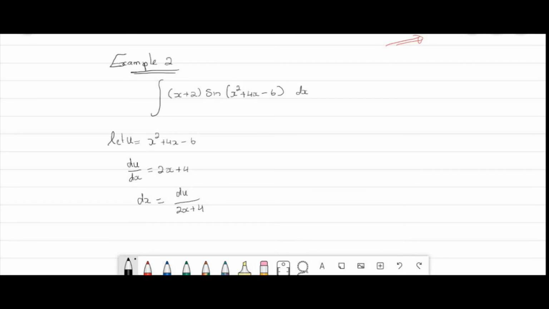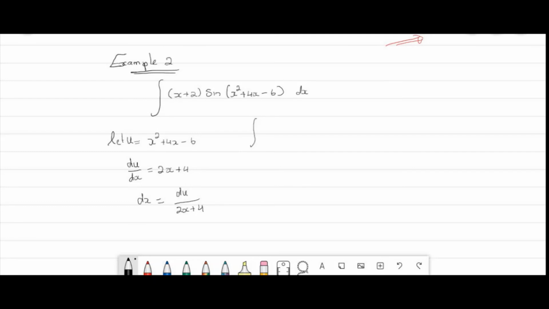So now let's go back to our integral and substitute u. So now I would say an integral. So now I don't want to be left with x.